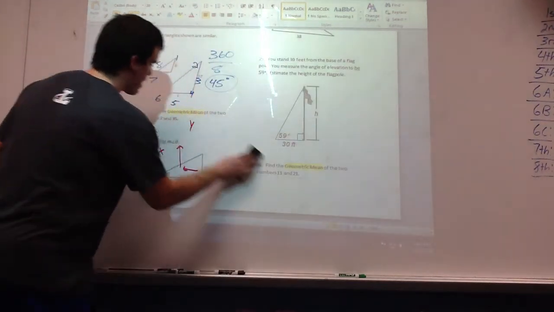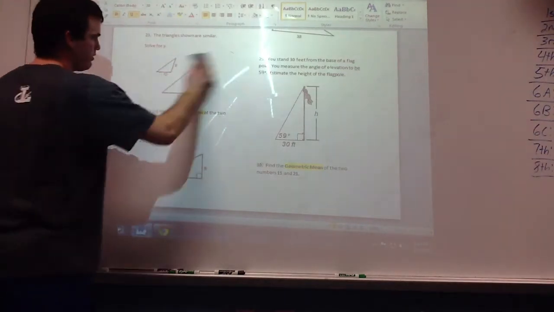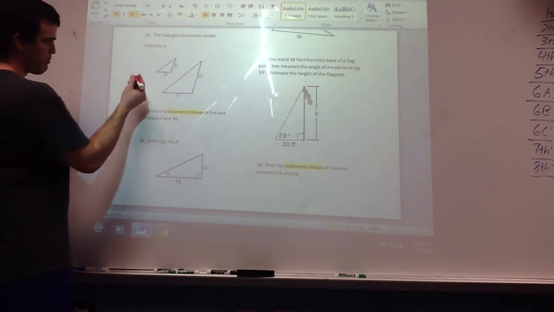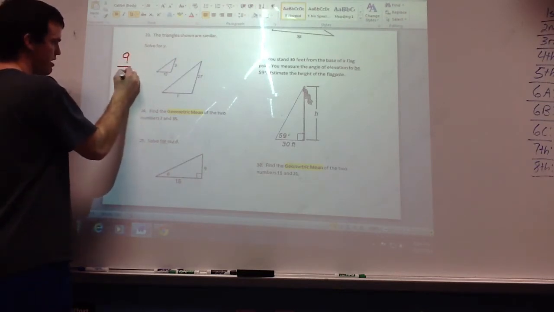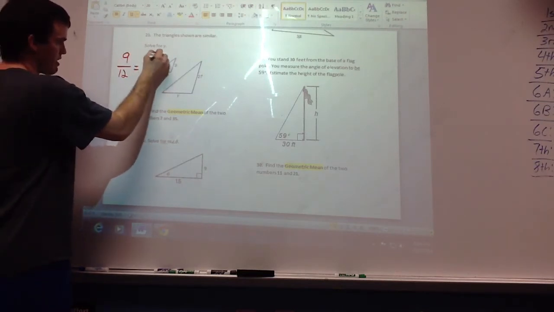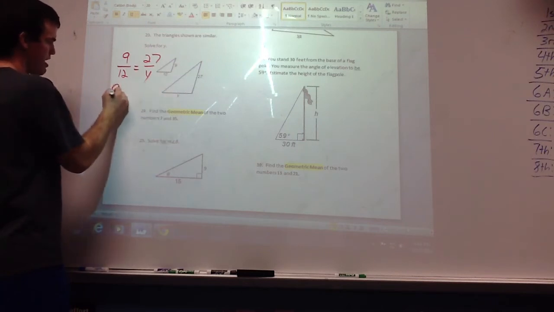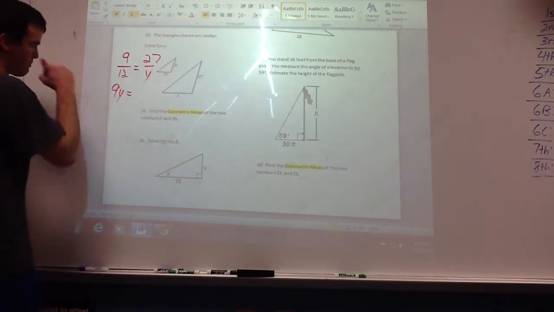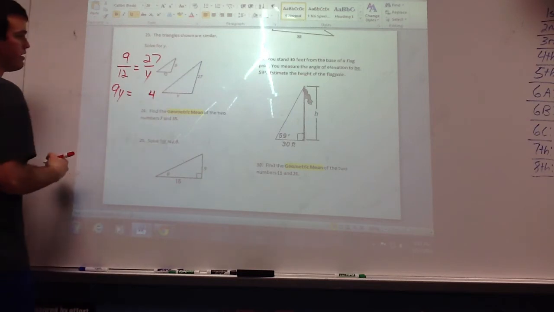Number 23 now, I'm dealing with similar triangles. So set up a proportion. Whenever working with similarities, you can set up a proportion. 9 over 12 equals 27 over y. Cross multiply, 9y equals 27 times 12, which is going to give me 424.